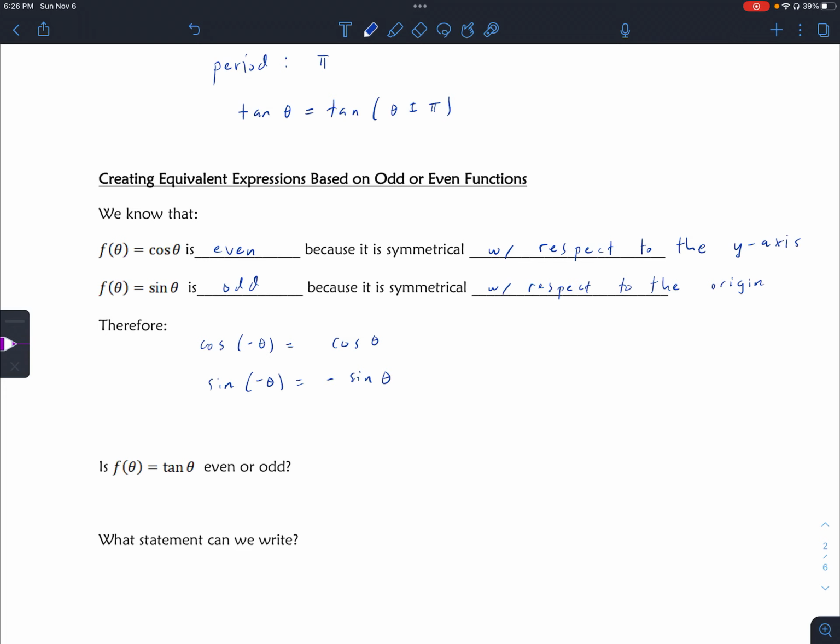Just recall what we've talked about previously, the algebraic test for determining if a function is even or odd.